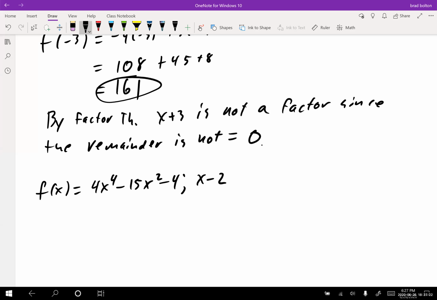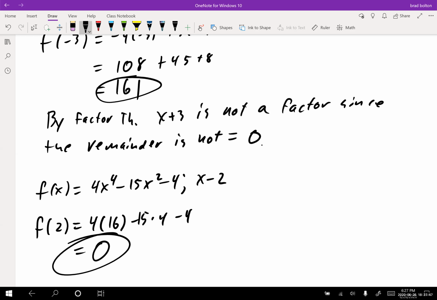Okay, so hopefully you guys are back and you did f of positive 2 is equal to 4 times, well, 2 to the 4th is 16, minus 15 times 4, minus 4. So let's see what we get. We should get 64 minus 60 minus 4, which is 0.